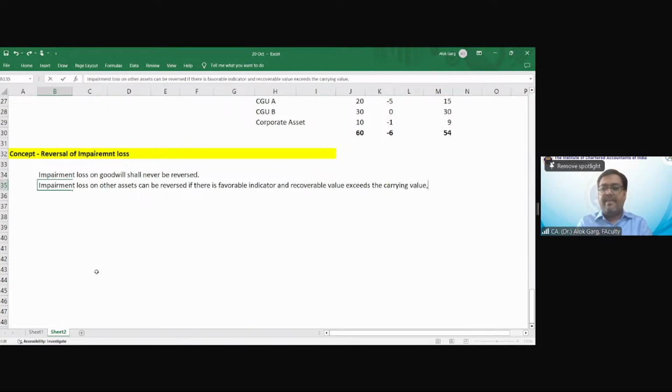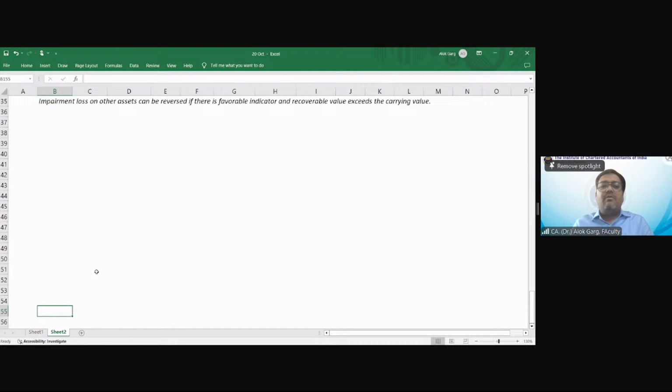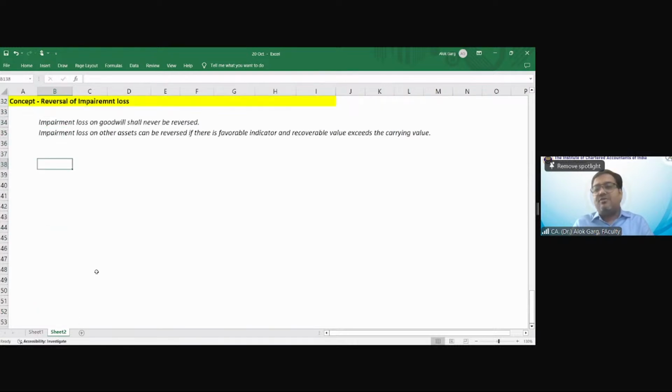So these are two important concepts. Now, how much amount of impairment loss can be reversed? Let me explain this with the help of one example.